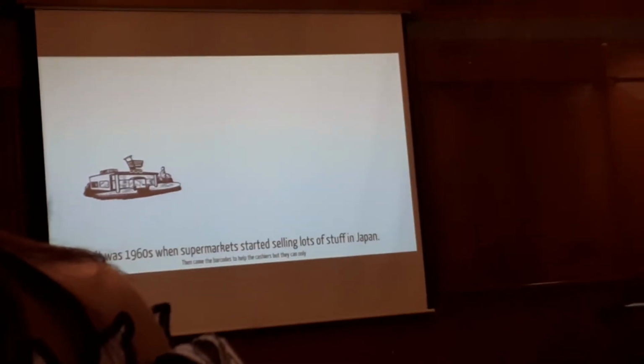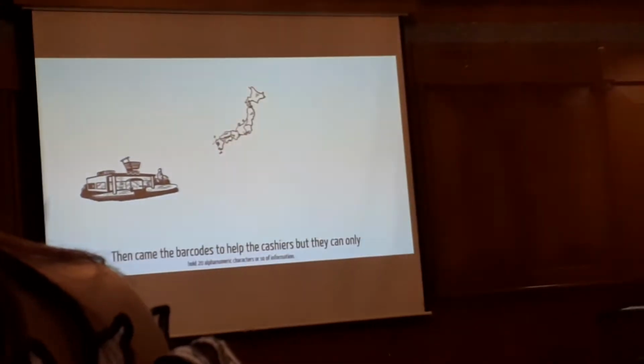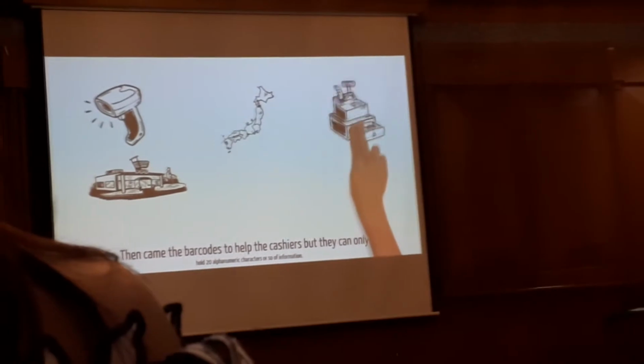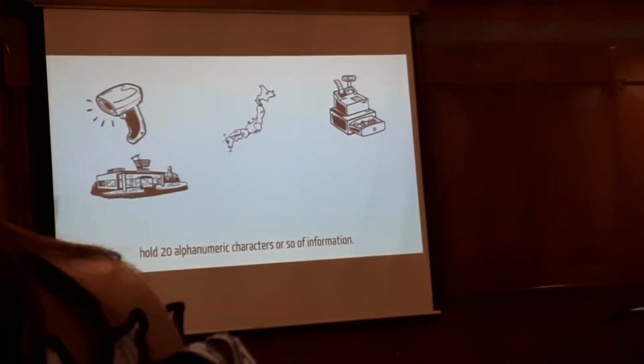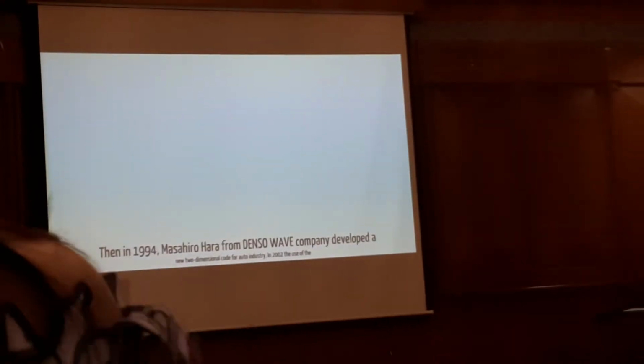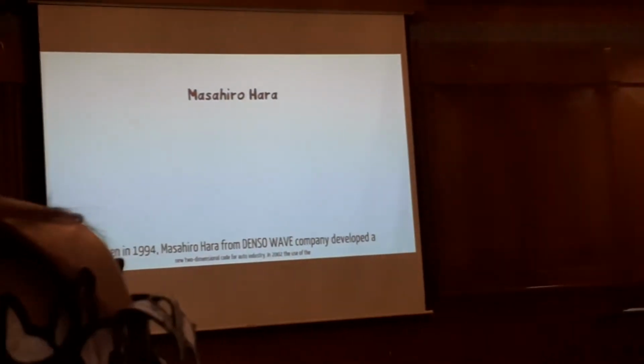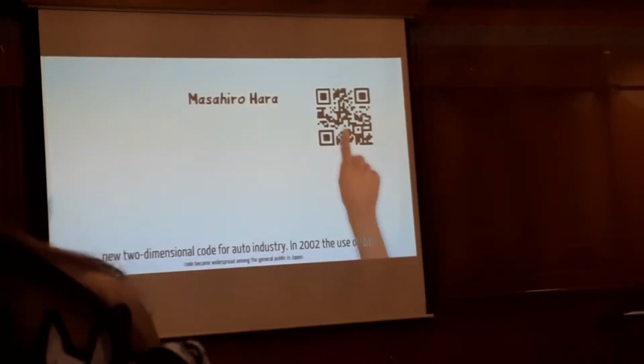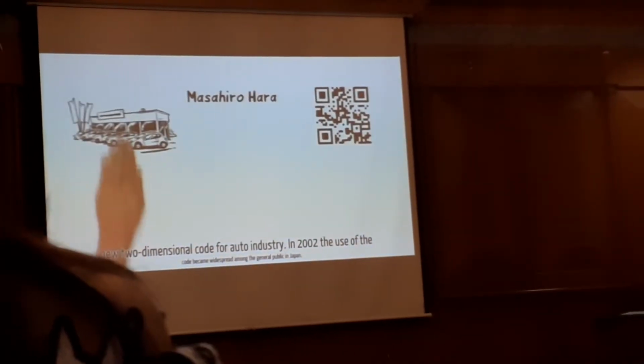It was the 1960s when supermarkets started selling lots of stuff in Japan. Then came the barcodes to help the cashiers, but they can only hold 20 alphanumeric characters or so of information. Then in 1994, Masahiro Hara from Denso Wave Company developed a new two-dimensional code for the auto industry.